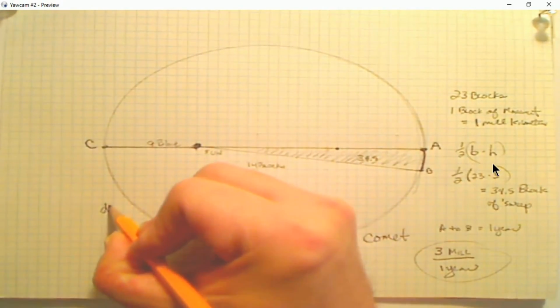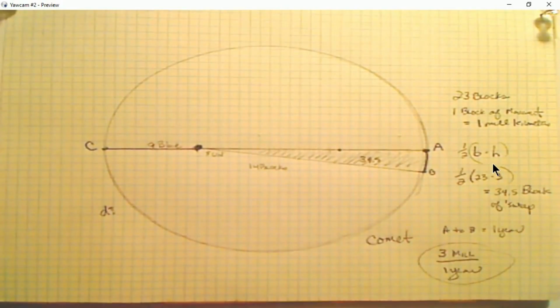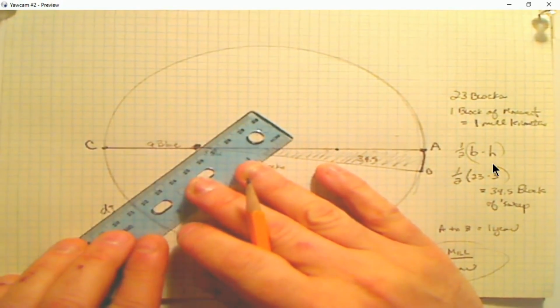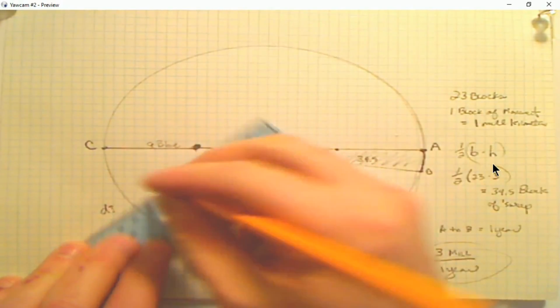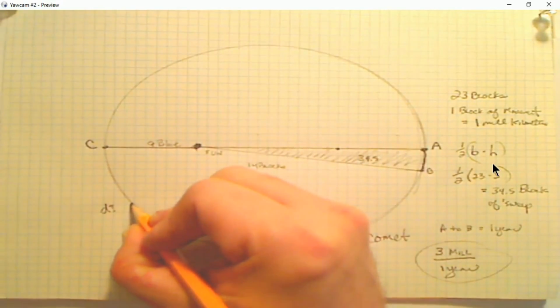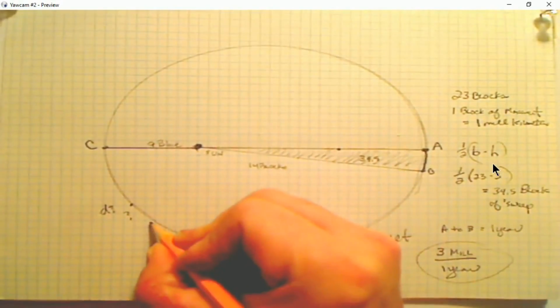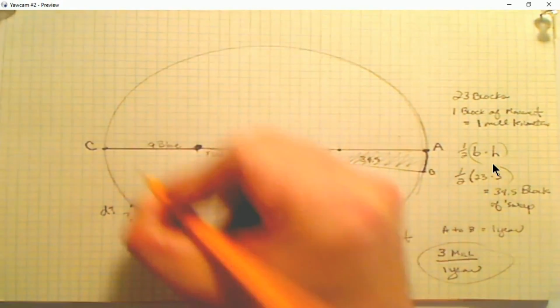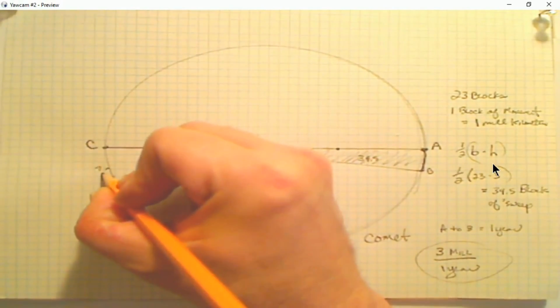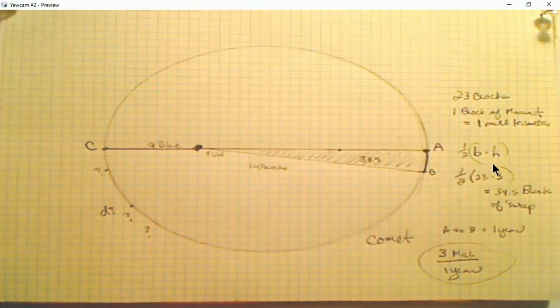Where would D be? Is it here? Is it here? Is it here? That's what you're to calculate.